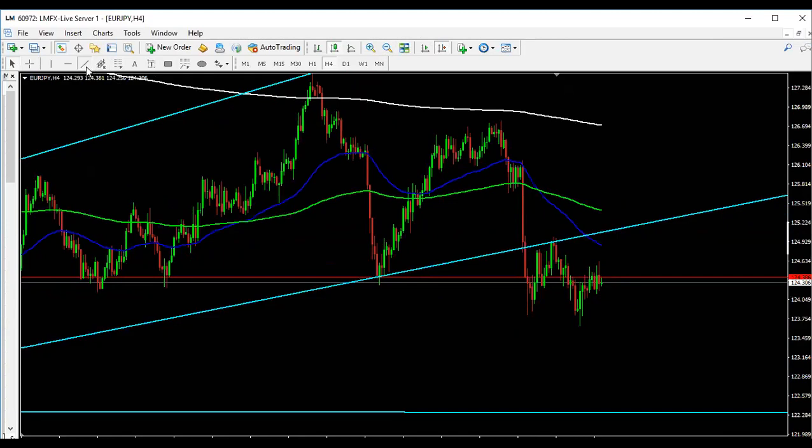We have a correction of an ascending channel, right there. Now we have another impulse of an ascending channel here.